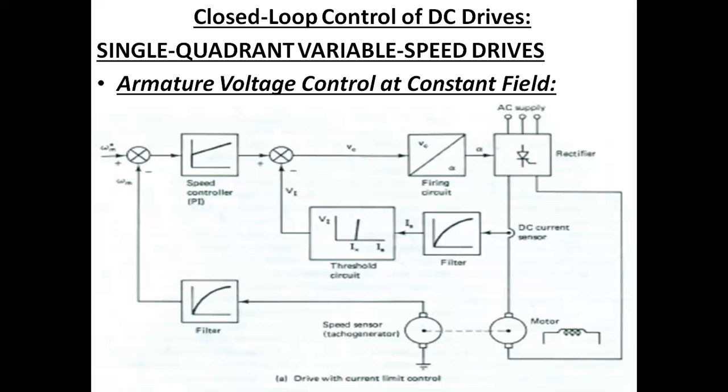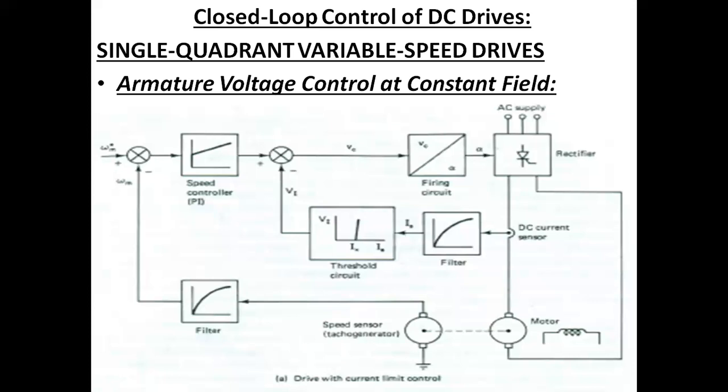The speed error is processed through a speed controller, and the output of the speed controller, VC, adjusts the rectifier firing angle alpha such that it makes the actual speed close to the reference value. This speed controller is usually a PI, meaning proportional and integral control.